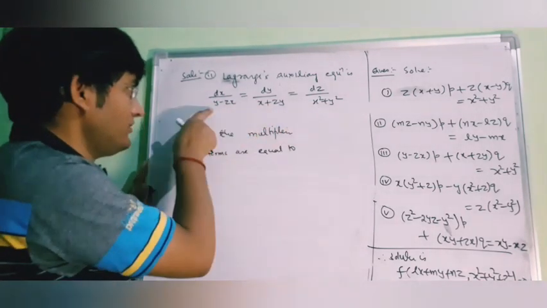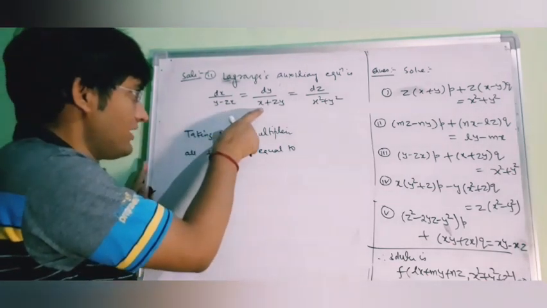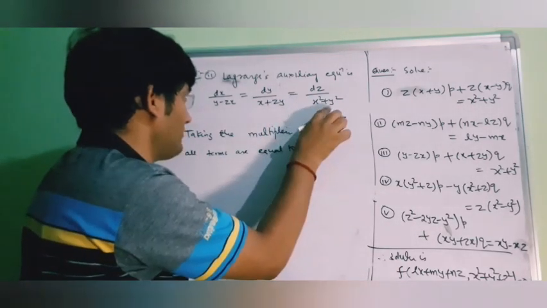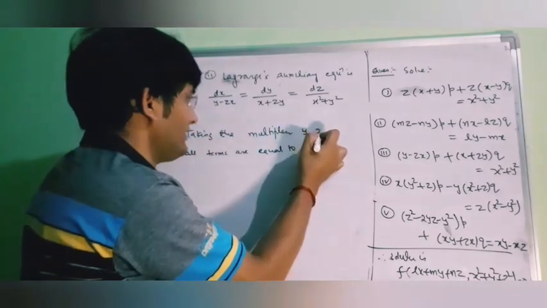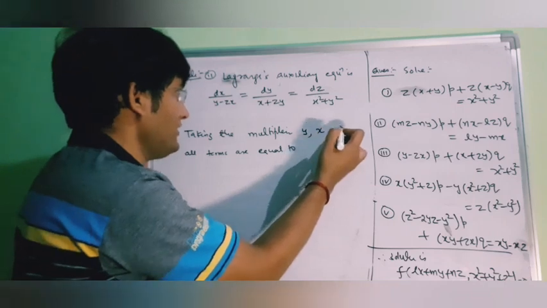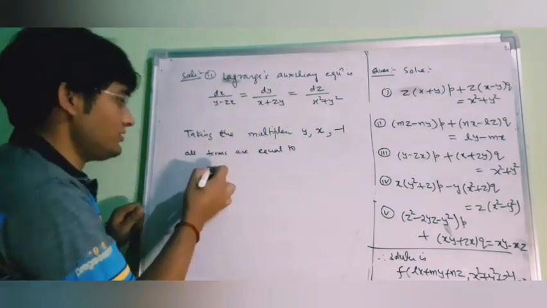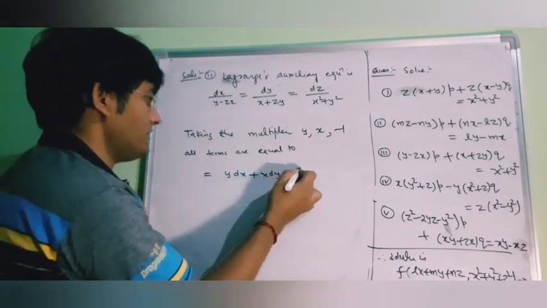For that, if you multiply this term by y and this term by x, then we will get this type of term. So let us multiply the first term by y and second term by x and third term by minus 1. Let us see what happens. So now the first term will be y dx plus x dy and minus dz.